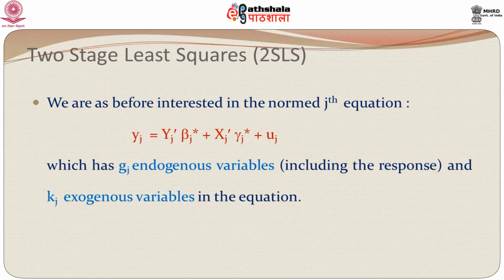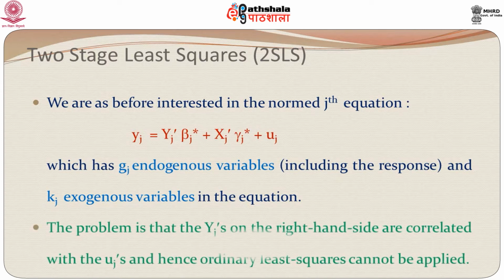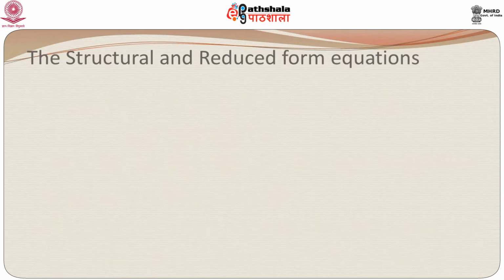Capital Y_j comprises G_j minus 1 endogenous variables, and X_j are the K_j exogenous variables. The problem is that the Y_j's on the right hand side are correlated with the u_j's, and hence ordinary least squares cannot be applied. We have seen previously that the endogenous variables would be correlated with the u_j's. So, what do we do?